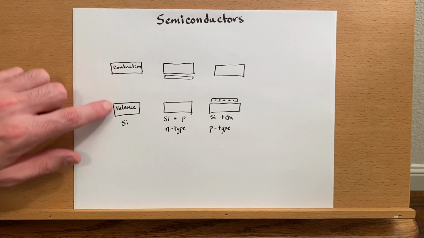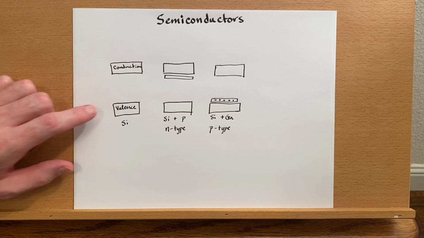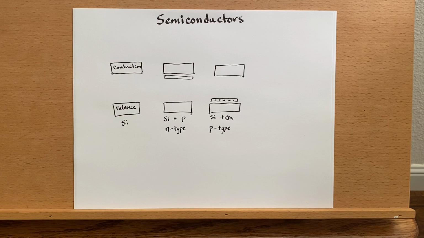And the band gap will dictate what color the LED will be. So, for example, if we have an aluminum and arsenic combination, we can make orange light. But if we use gallium and arsenic, it's a little bit closer together in band, that will make infrared light.